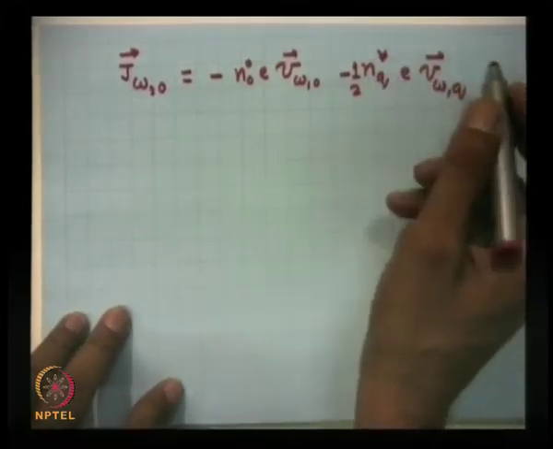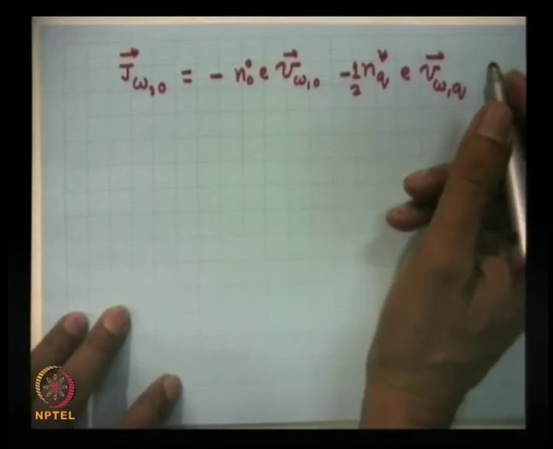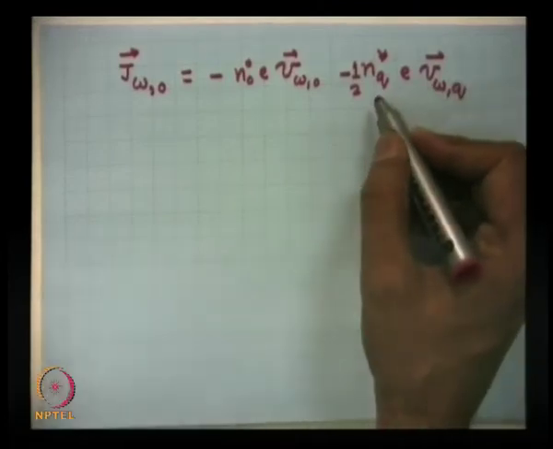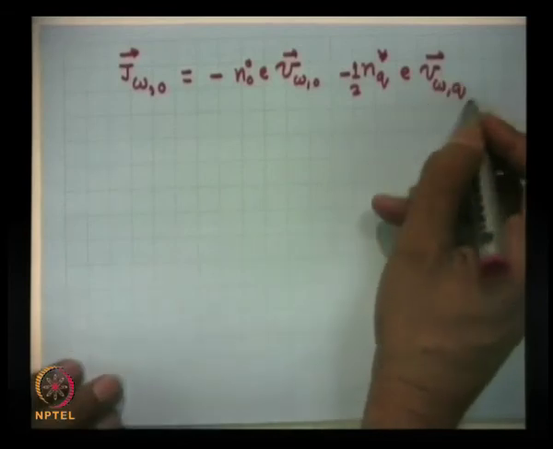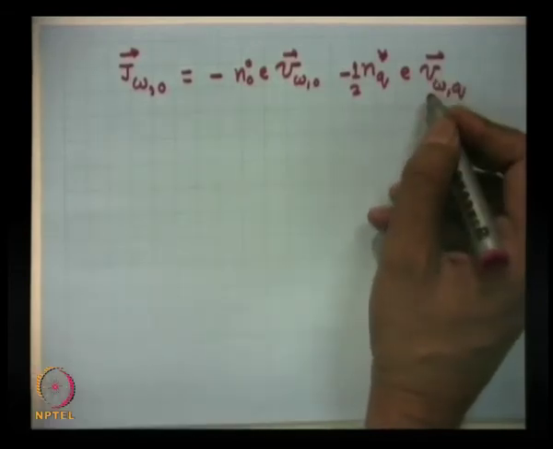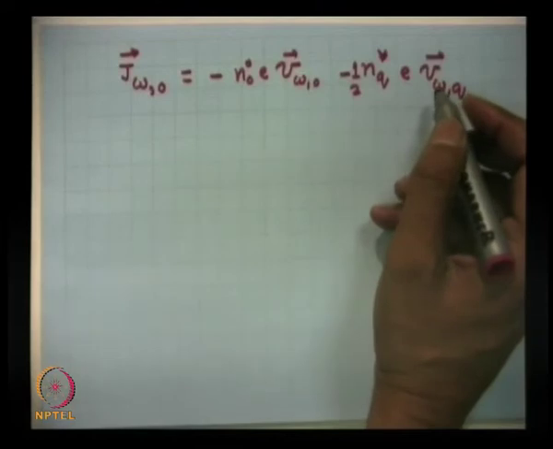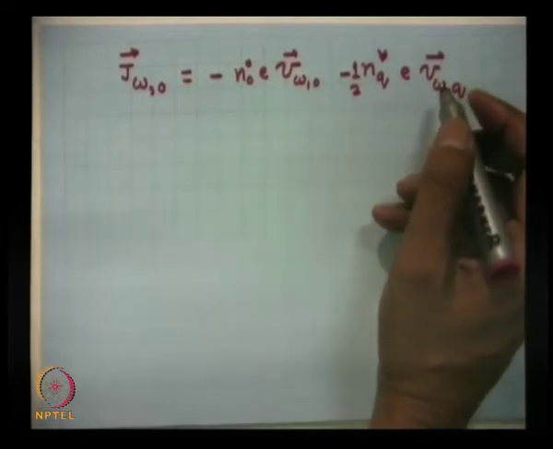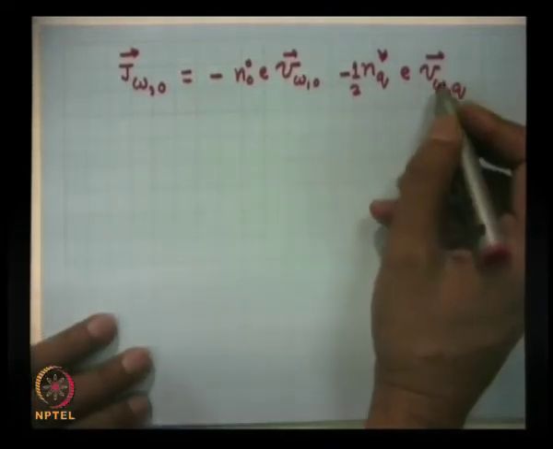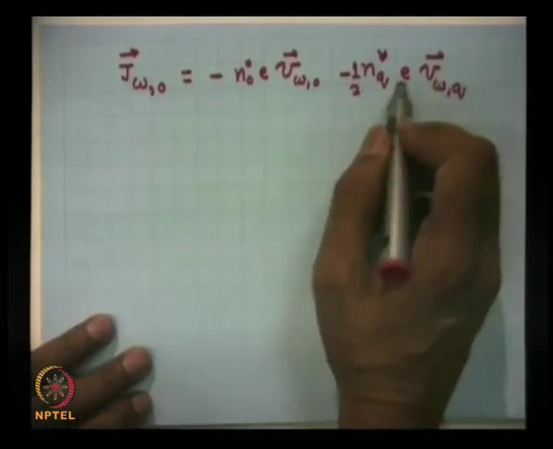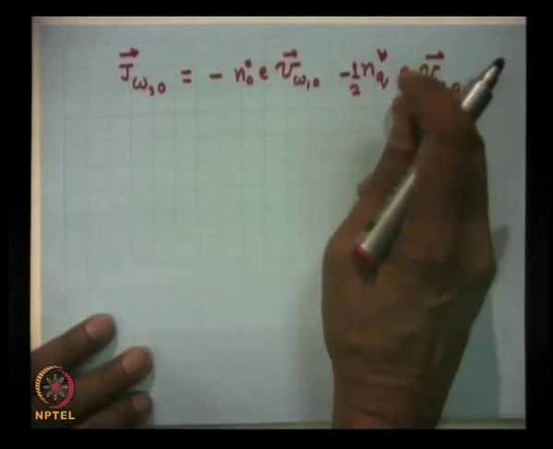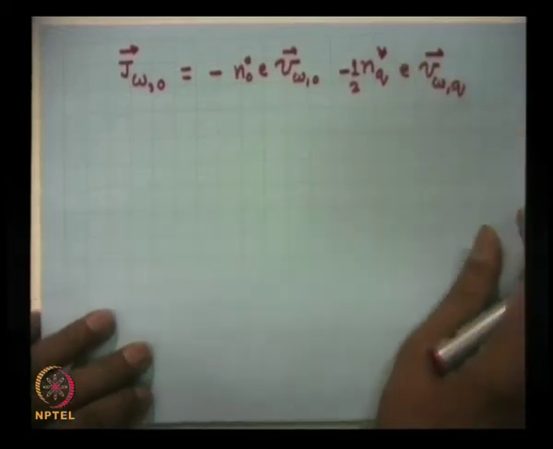So, z dependence is gone. So, this is the density perturbation present in the system. This is the oscillatory velocity produced by the quasi mode that is excited by the nonlinear interaction of the density perturbation and the oscillatory velocity due to the incident electric field.